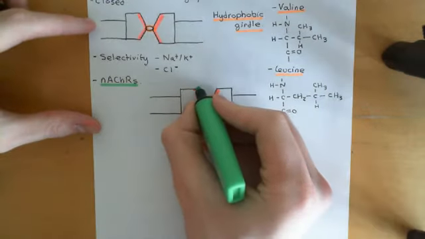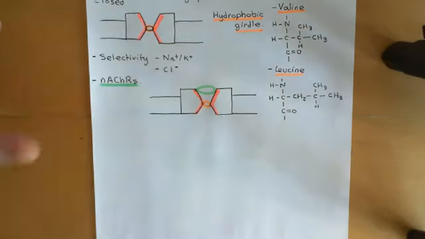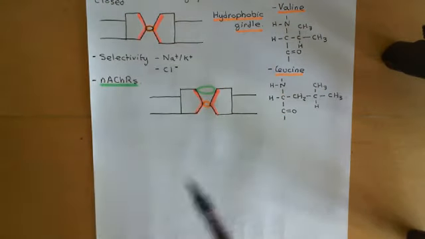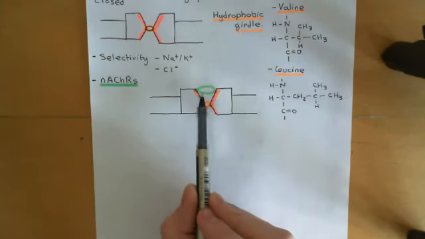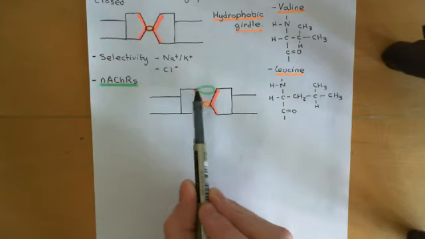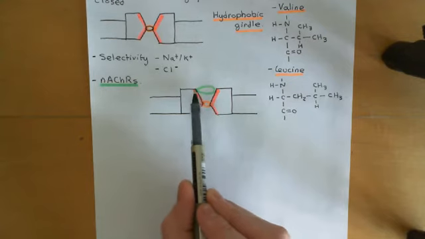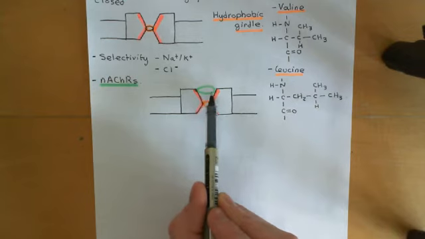So let me just show these on here. In green here, this is basically a ring of negatively charged amino acid residues. So we have the 5 M2 helices surrounding the pore here, and those M2 helices will have amino acid residues facing into the pore, and basically this green ring here is supposed to show a ring of negatively charged residues.